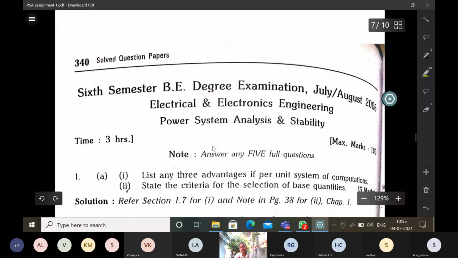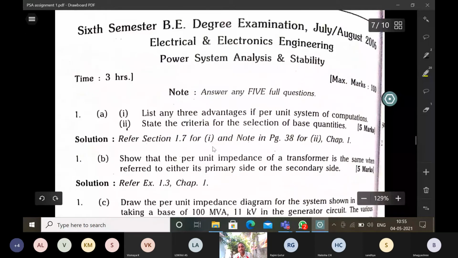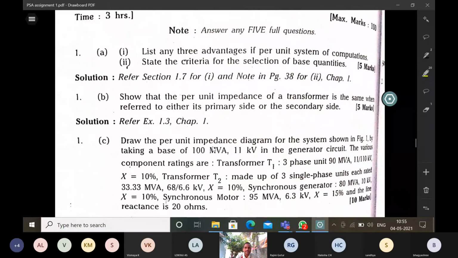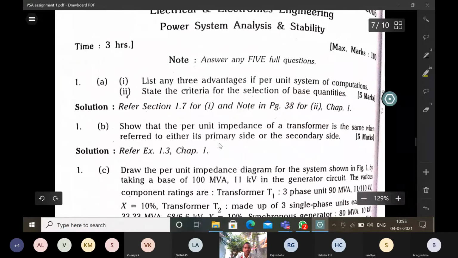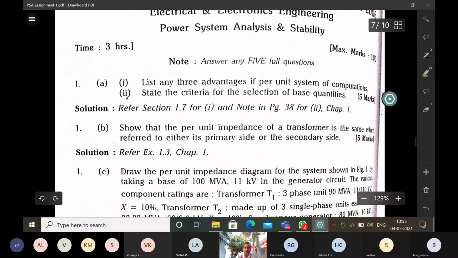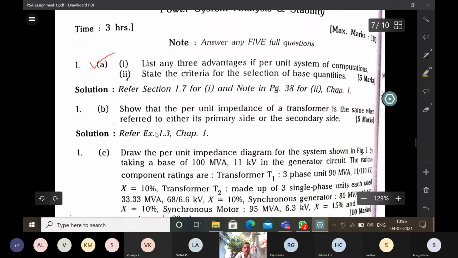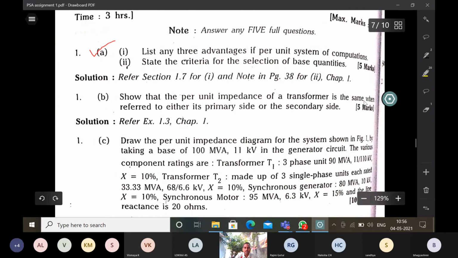Similarly, related to the first module, I have listed some question paper problems and questions. List any 3 advantages of the per unit system of computations. State the criteria for the selection of base quantities. So you have to write this, and similarly show that the per unit impedance of the transformer is the same when referred to either its primary side or secondary side.